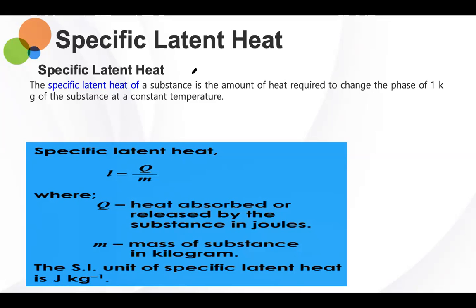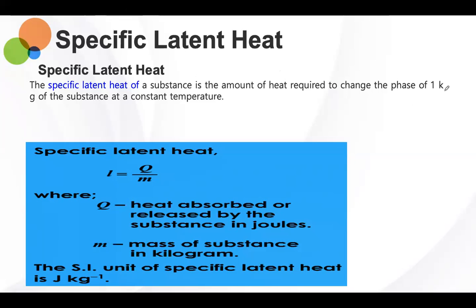The amount of energy required to raise the temperature by one Kelvin. And specific heat capacity is the same thing, but you just add on the mass. So the amount of energy required to raise 1 kilogram of a substance by 1 Kelvin. And latent heat was the amount of energy required to change the phase of a substance.